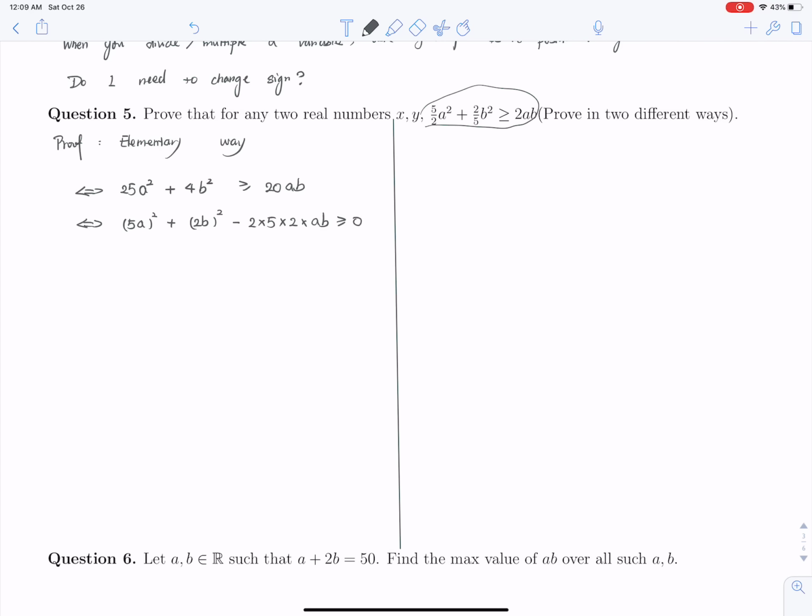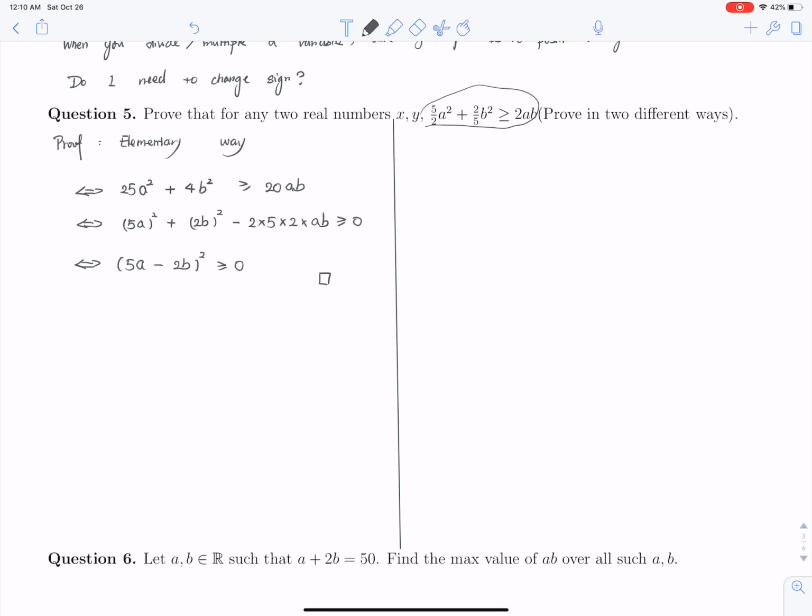I wrote 20 as 2 times 5 times 2 to show you that this is actually a complete the square question. This implies 5a minus 2b, the whole thing squared, is greater than or equal to 0, which is a basic fact, which means we are done. See how simple it is?